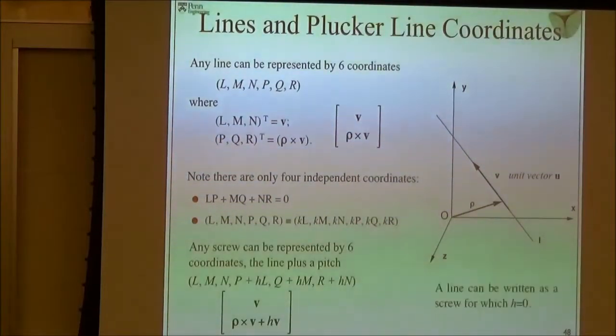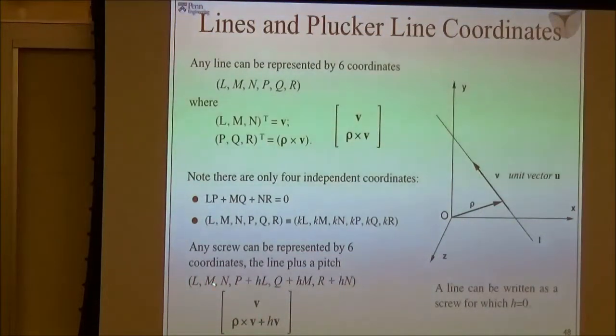So, lastly, if you want to think about screws, then you have to think about this pure force, but you also have a pitch. So this pitch essentially tells you what the moment is about this axis. So it's h times the force.